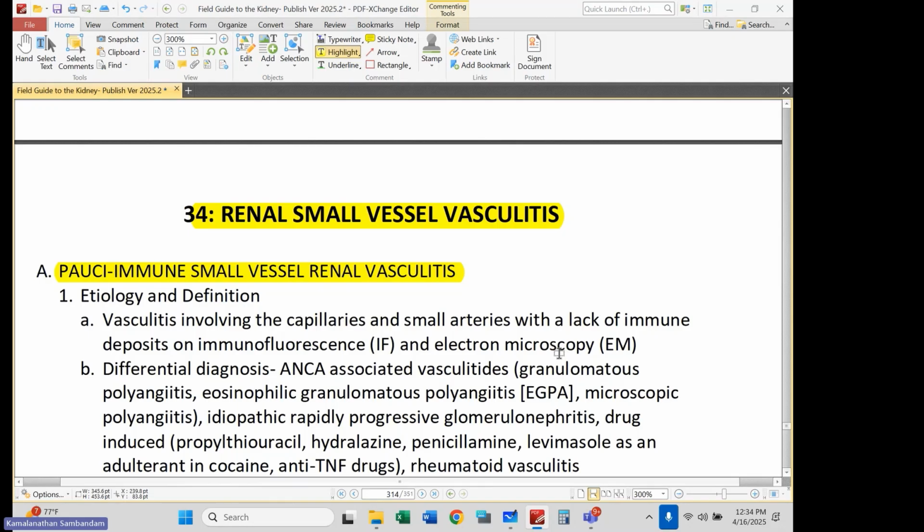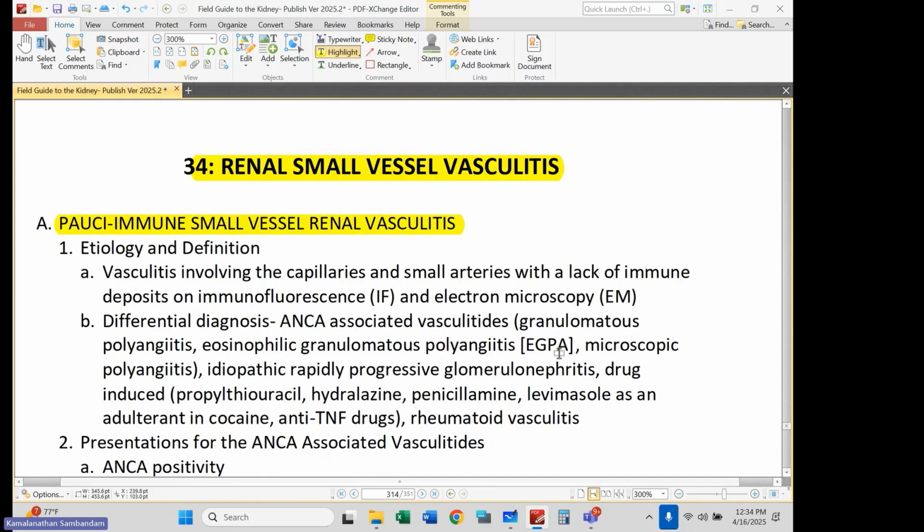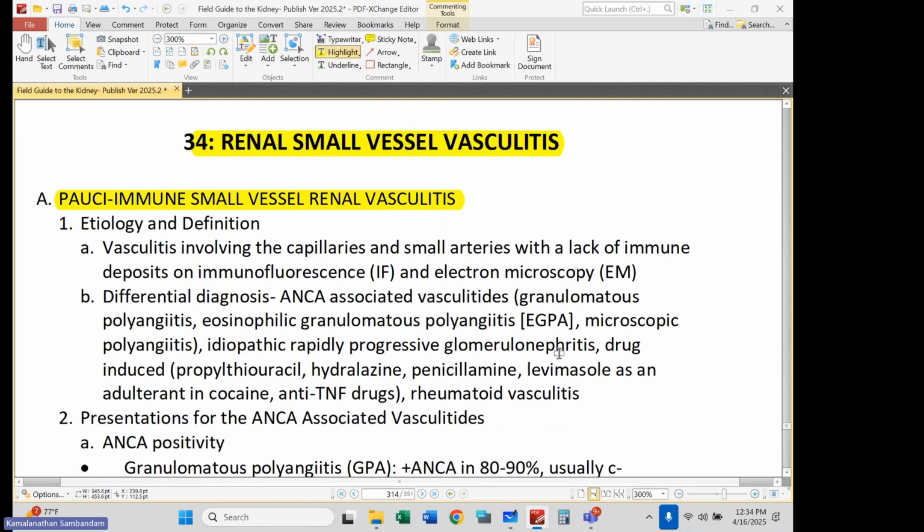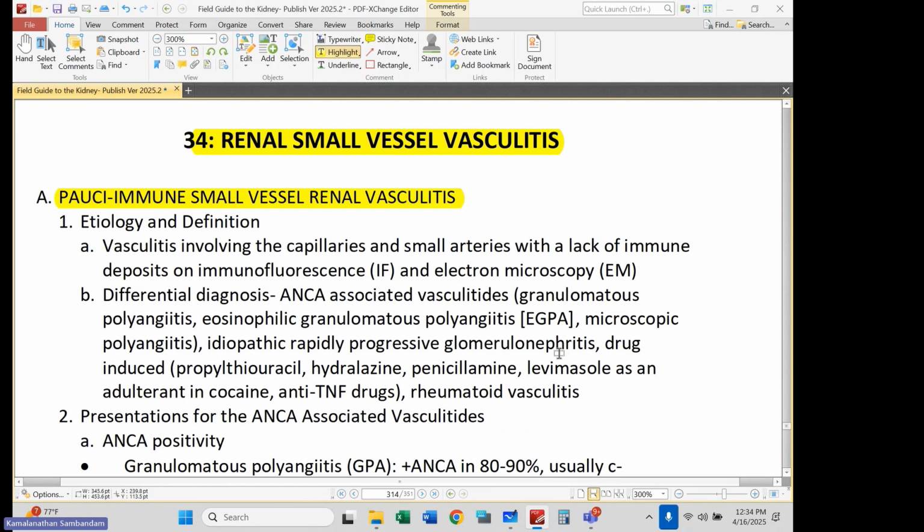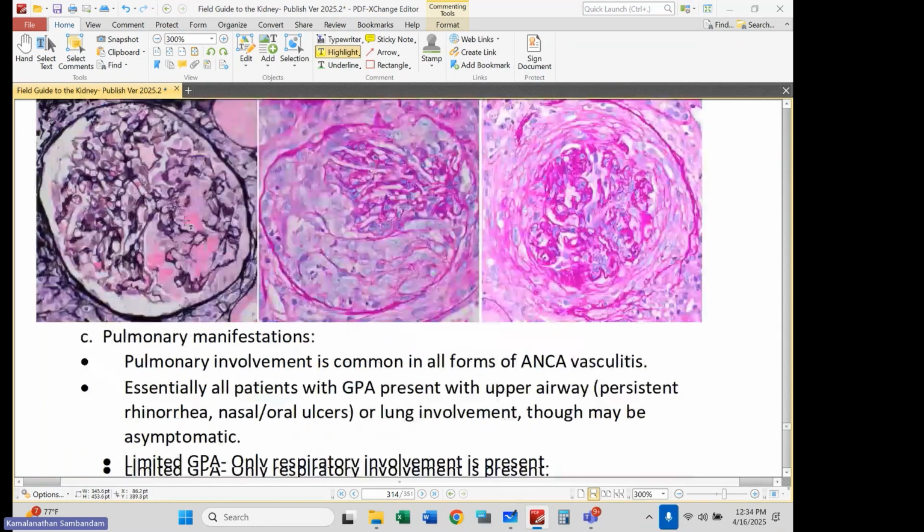So there is some blending of these conditions. But let's focus on the small vessel vasculitides, which are certainly much more common than polyarteritis nodosa. So pauci-immune small vessel vasculitis. Pauci-immune tells you the characteristic: there's no immune complexes on EM or immunofluorescence, right?